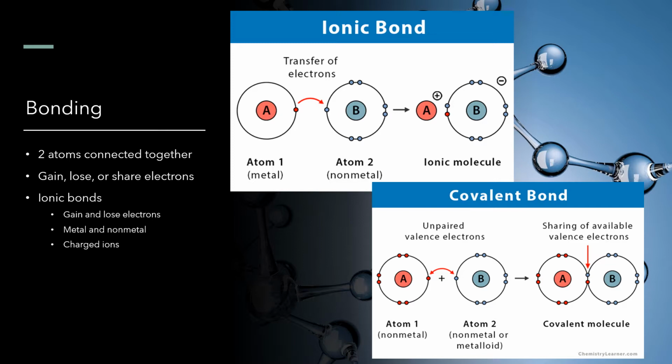So if you look at the top picture, we see an ionic bond. We have one atom here, atom number 1, which is a metal. We have atom number 2, which is a nonmetal. Atom number 1 is going to lose an electron and give it to atom number 2.